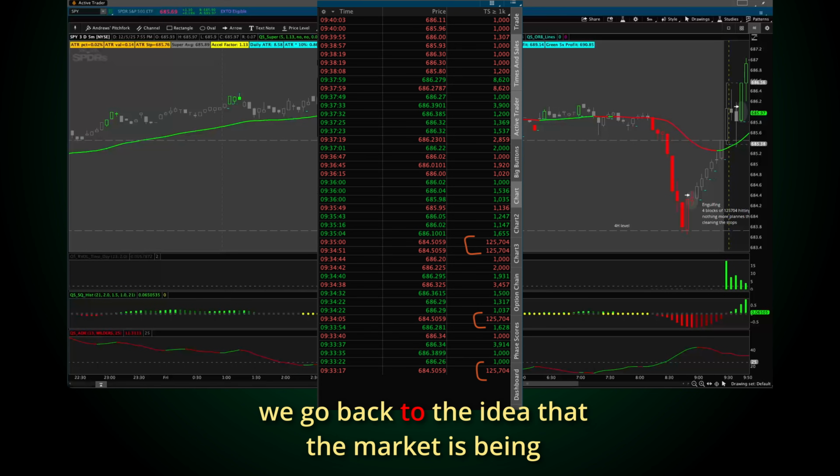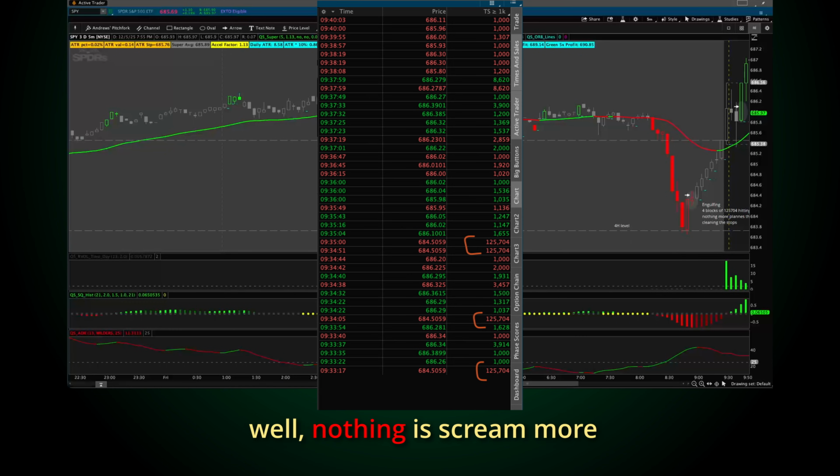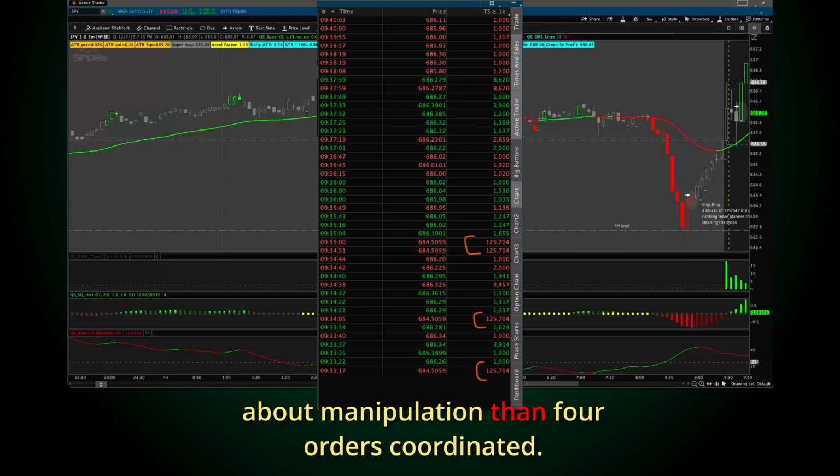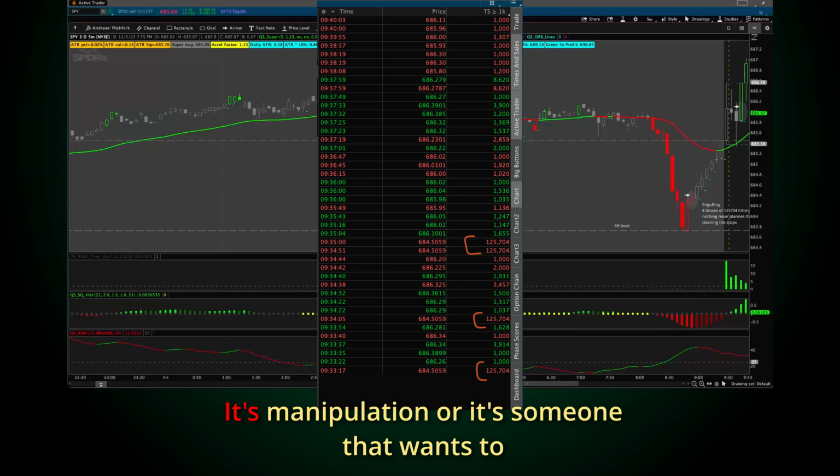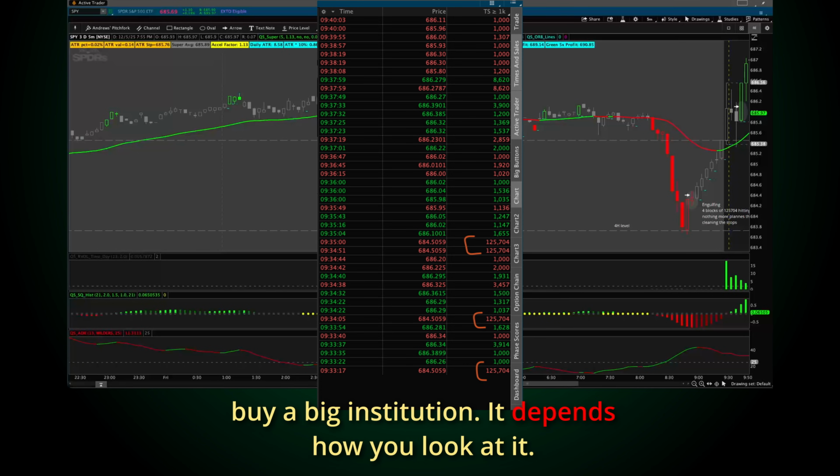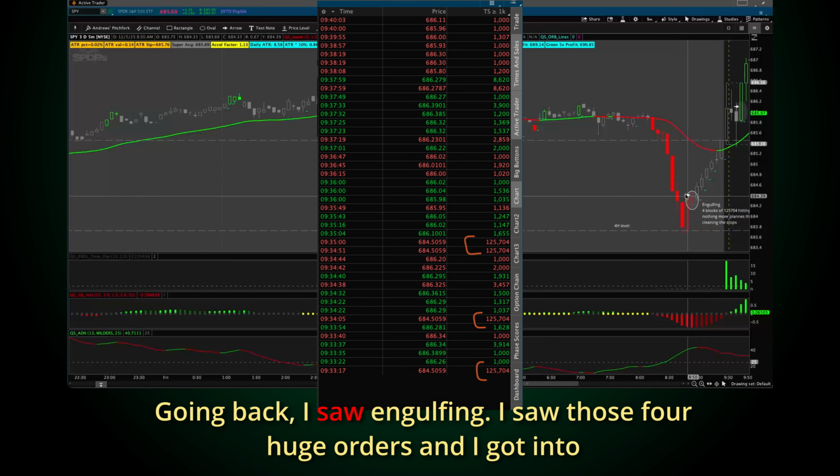If we go back to the idea that the market is being manipulated, well, nothing screams more manipulation than 4 coordinated orders. Is it manipulation, or is it a big institution that wants to buy? It depends how you look at it. Going back, I saw the engulfing candle, I saw those 4 huge orders, and I got into a trade.